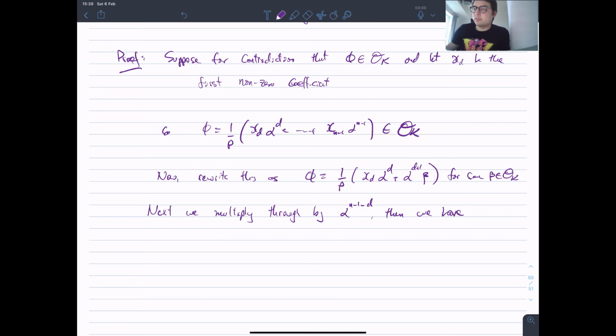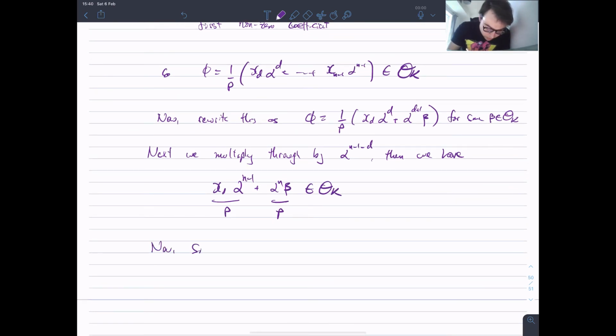If I multiply this expression by this, we get the following: x_d alpha to the n minus 1 plus alpha to the n beta, all divided by p, and we're saying that this is an element of OK.